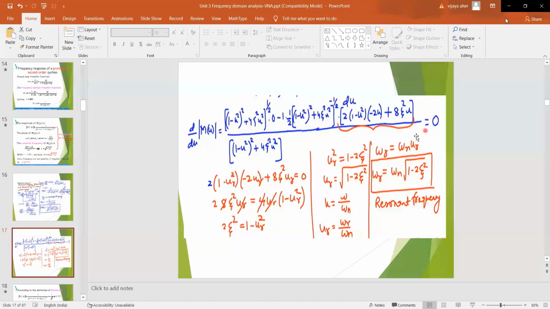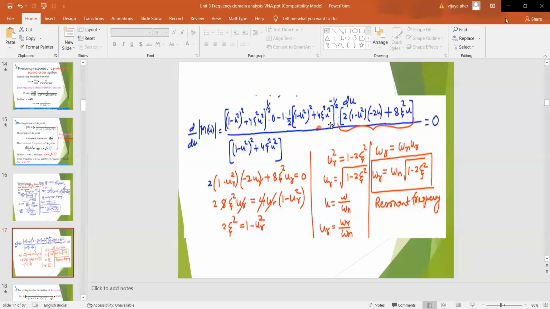Now simplify further. This term multiplied by 0 is 0. This term multiplied by 0 is 0. Then what you will get? Only this term is equal to 0. This term is minus 1/2, I took it down so it is plus 1/2.